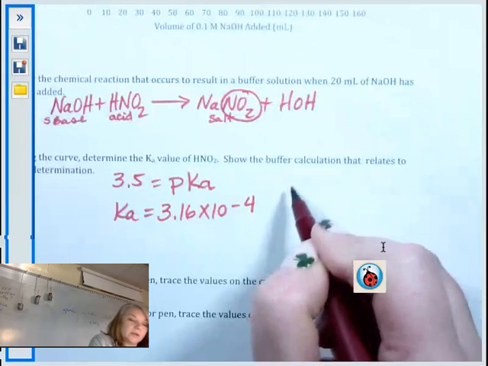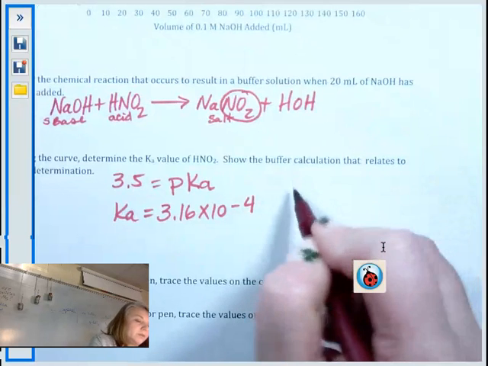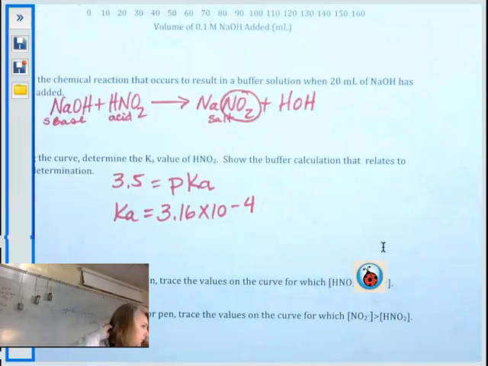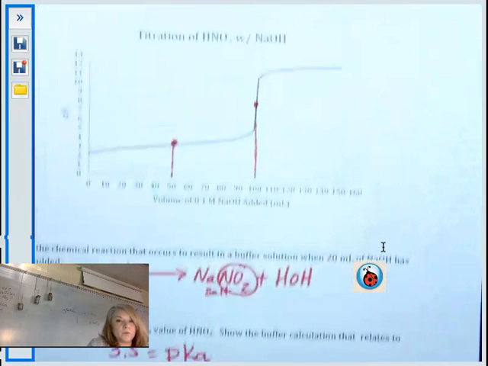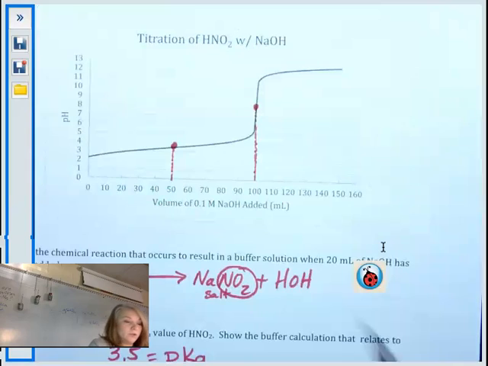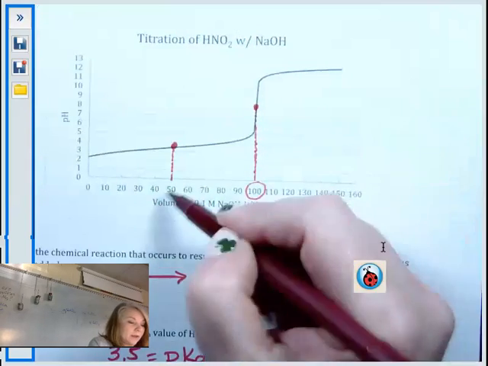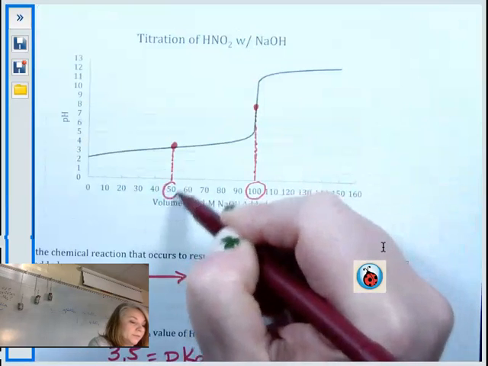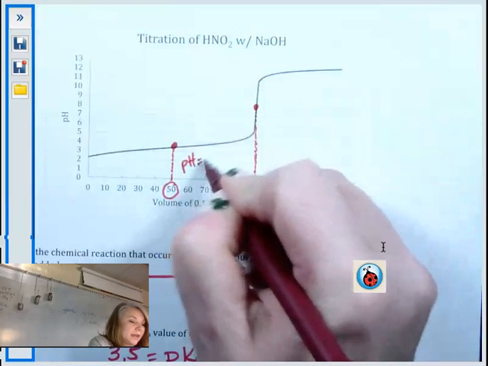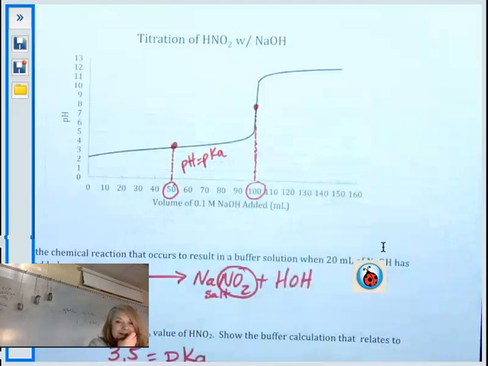Then it says, show the buffer calculation that relates to this determination. Well, then we could use our Henderson-Hasselbalch, right? Do we get that from the graph? Yeah, at the halfway to the equivalence point. So you find your equivalence point, which is at 100. At the halfway point, a half of 100 is 50. This is where pH equals pKa. Okay?